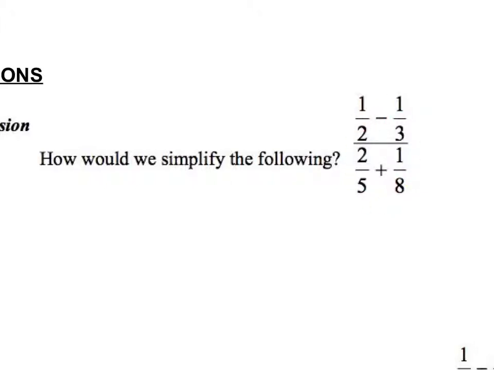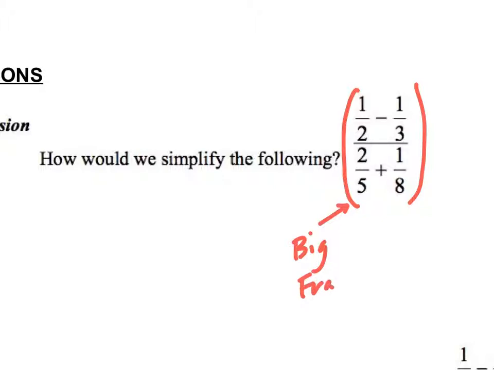Now, this can be rather confusing, but what I want you to look at is that I have one big fraction, okay? So I have this whole big fraction, and I have a numerator and a denominator to that fraction.